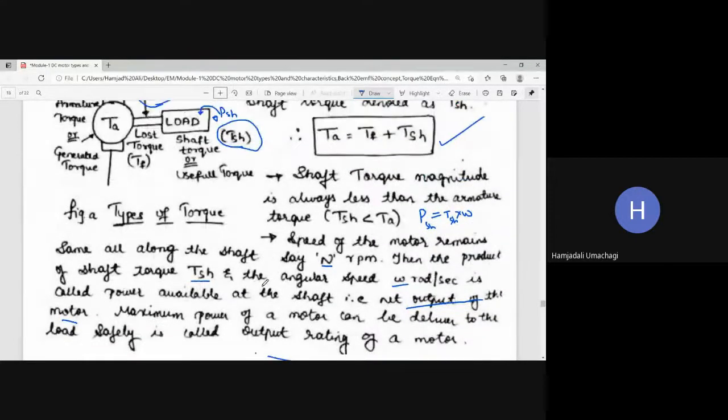If it is delivering a huge amount of power that is not desirable to the load, I cannot say that is the output rating. Output rating should be the safer limit that can be handled very easily. Are you getting my point? Rating means power should be desirable and should let the load be handled safely.